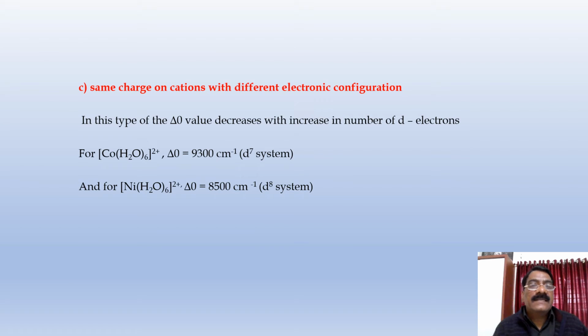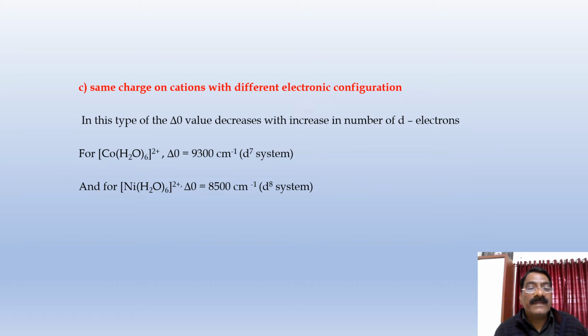Third factor, same charge on cation with different electron configuration. Though the charge on the metal ion is the same, their electron configuration is different. Here we have two examples, [Co(H2O)6]2+ and [Ni(H2O)6]2+. Both metal ions have 2+ charge, but their electronic configuration is different, one having a d7 system and the other a d8 system.